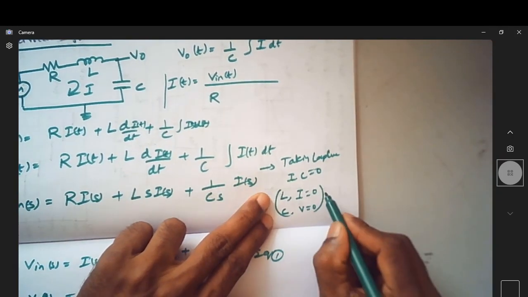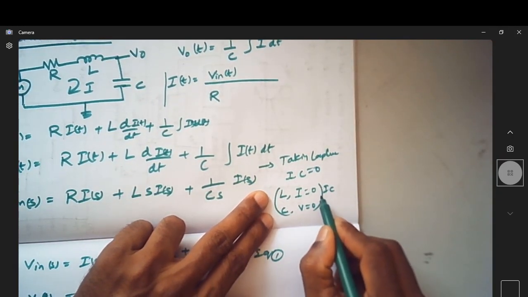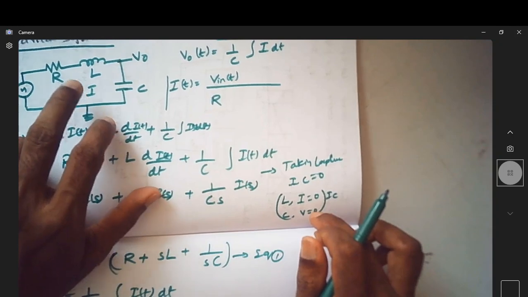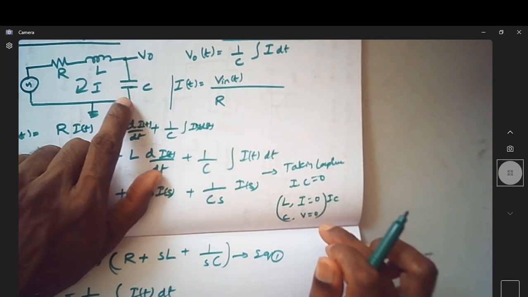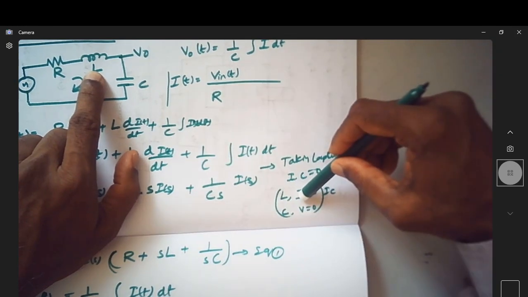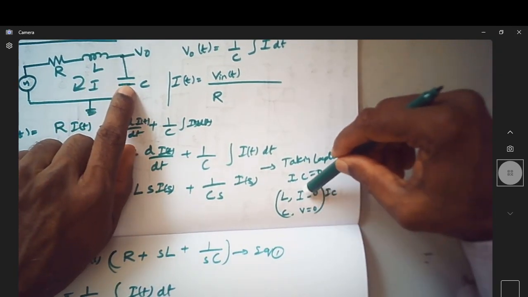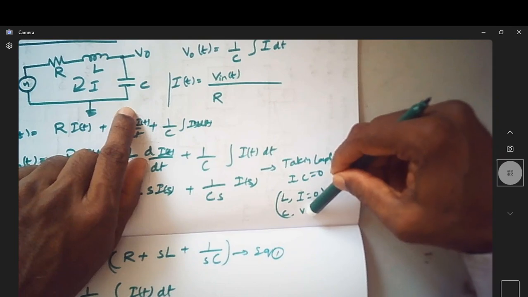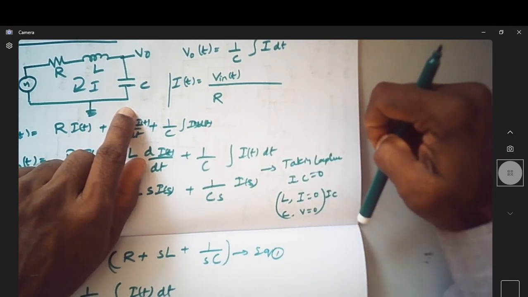So initial conditions are 0 for both inductor as well as capacitor. For inductor the initial current is 0, and for a capacitor the initial voltage is also considered as 0.